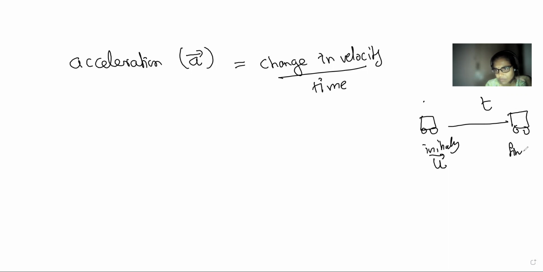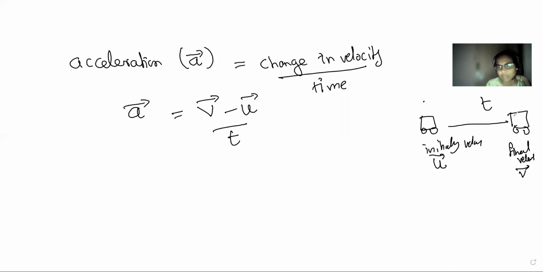This is the final velocity v. If the initial velocity is u and the final velocity is v in a given time, then what is the acceleration? We can write final velocity minus initial velocity divided by the change in time, or how much time it takes.